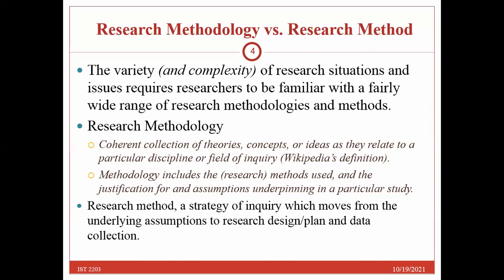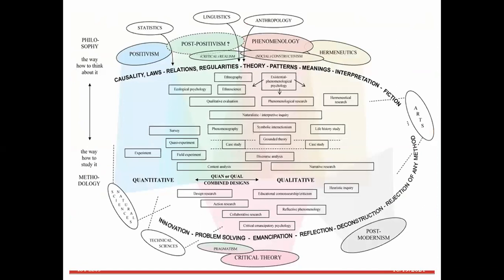And a method is a strategy of inquiry which moves from the assumptions to research design or plan and data collection. So the research method will tell you how you design the research and how you collect data. A research methodology has in it many methods. And the research methodology comes from the discipline that the research is from.